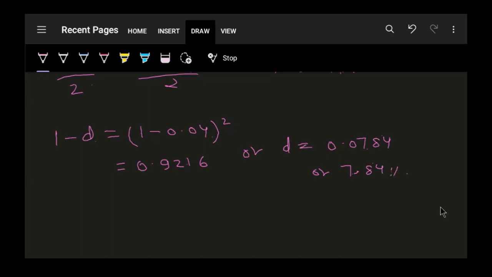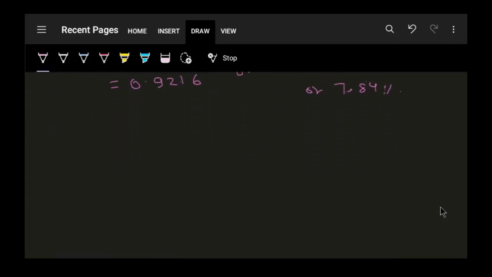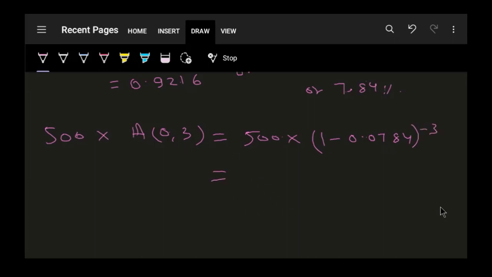Now to accumulate the amount at the end of the 3rd year, we will take 500 and multiply it with the accumulation factor of 0 to 3, which is nothing but 500 into 1 minus 0.0784 to the power minus 3, and the amount will be 638.77.